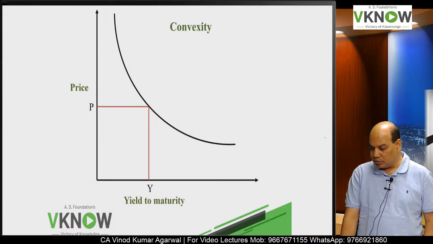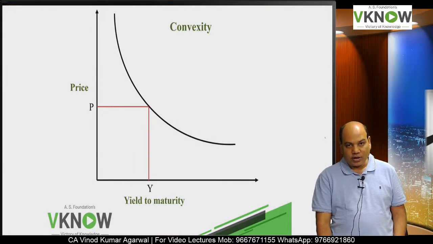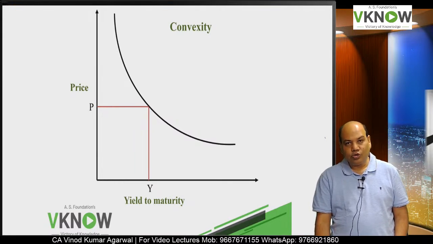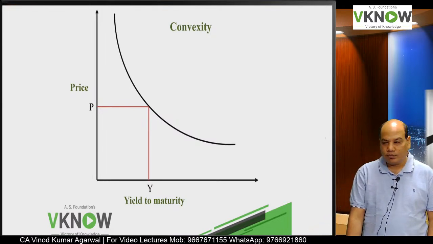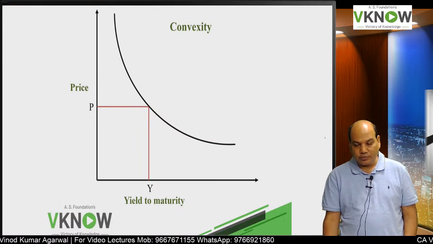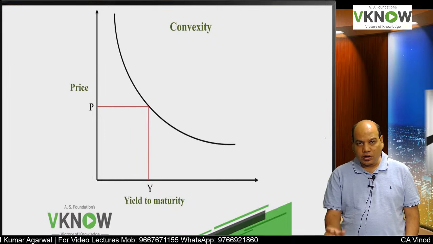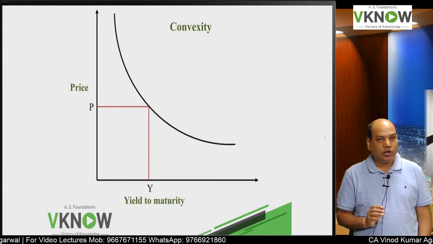Okay, this I can understand with the help of this diagram also. So draw this diagram now. On the x-axis write yield to maturity. On the y-axis write down price, and draw this curve. This curve shows the relationship between bond price and yield to maturity.